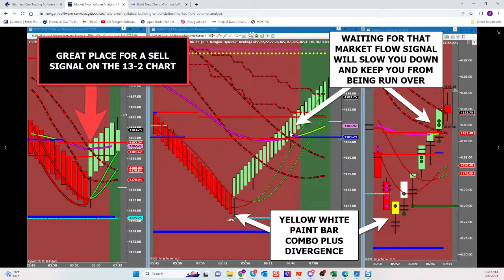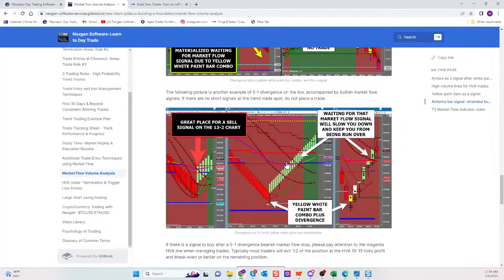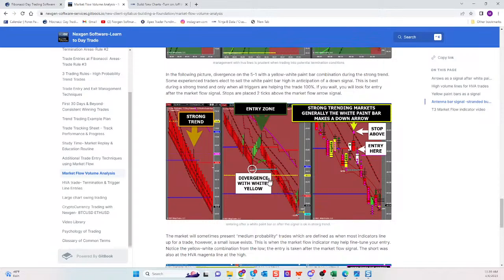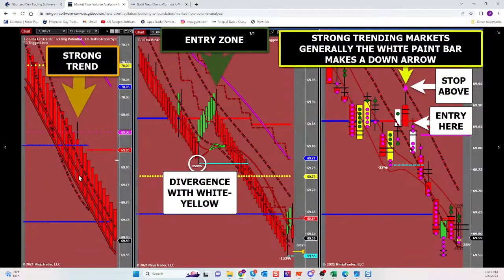But the HVA line, so Safia, hypothetically, let's see if he has a picture of it. Let's say the rules are met for a trade, right? And you've got everything going down and you're waiting for that confirmation. What if your area on the 5-1 lines up not only with indication that the area is likely to hold via 8 range, but there's also a magenta high volume area there.